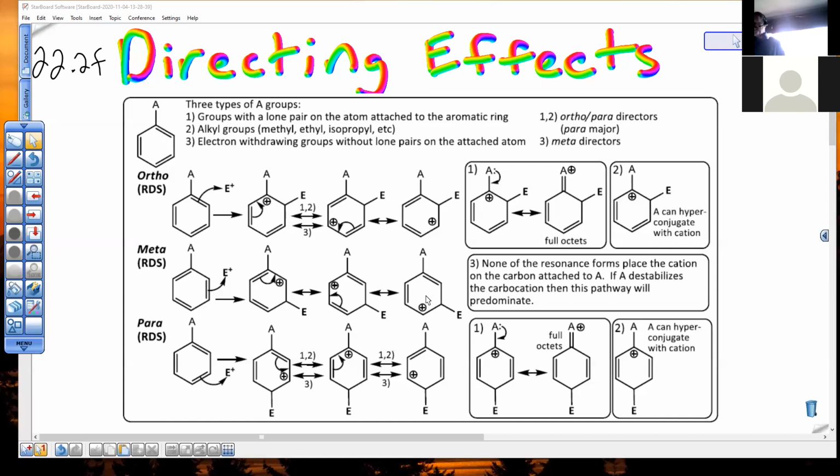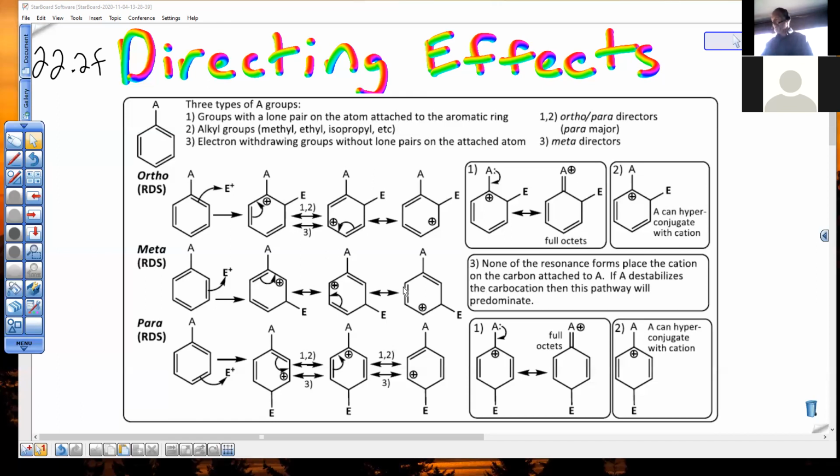Even a halogen can resonate, even though it doesn't want to become a cation. So halogens don't fit this category. They're in this top category. So things like nitro groups, though. If A is a nitro, you want to definitely go meta, because that way you don't ever get the cation where the A group is.